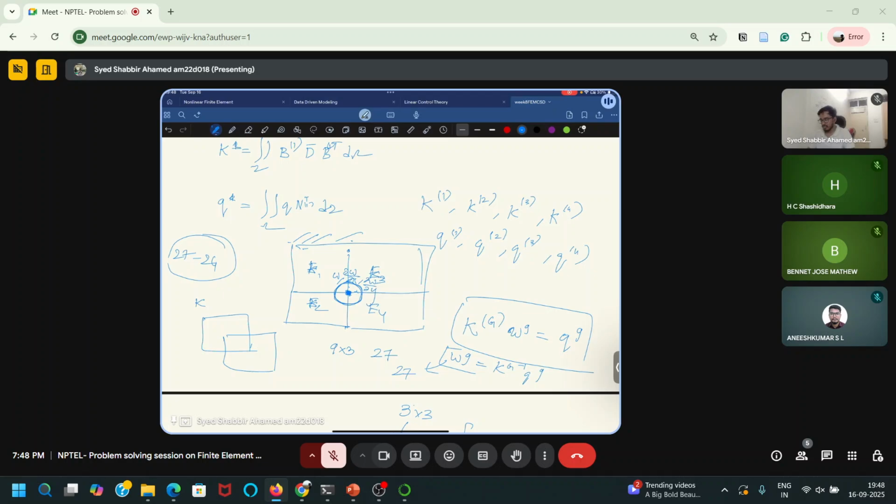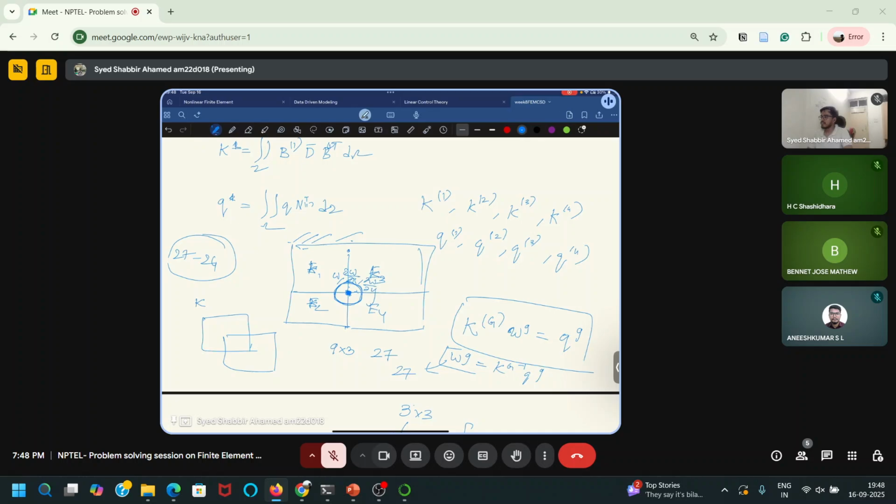You know what the stiffness terms are which will occur at this node. So take those and just sum them, and you will directly get a 3 cross 3 stiffness matrix. So instead of assembling a 27 cross 27 matrix, just do that. It will be time saving for you to solve. So that's how we can solve this.